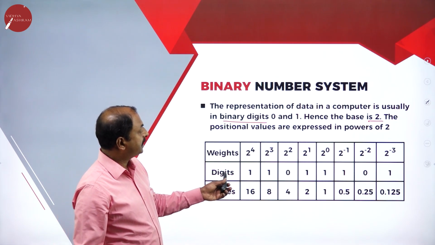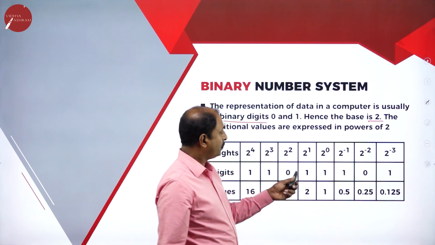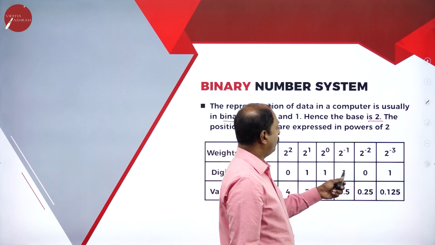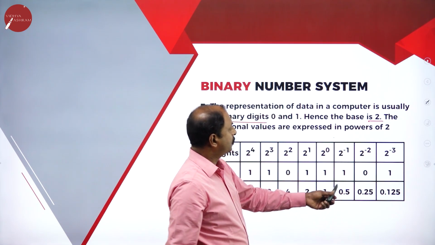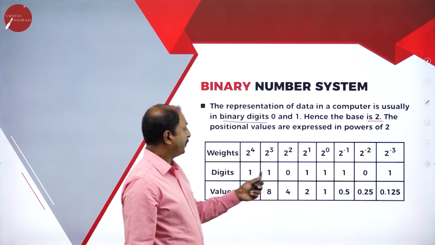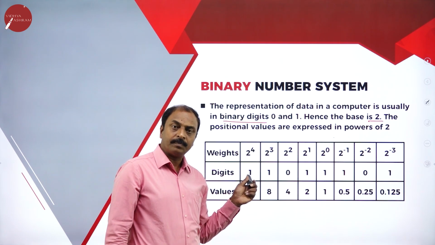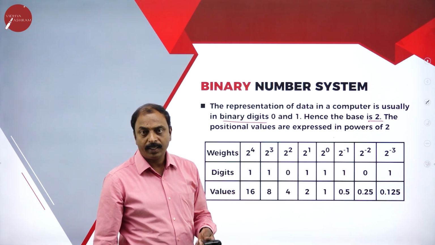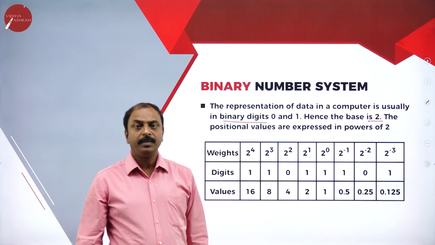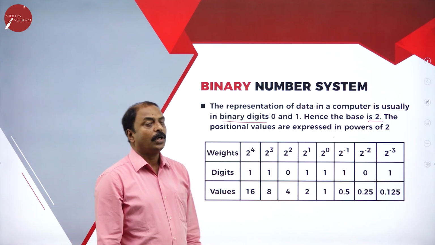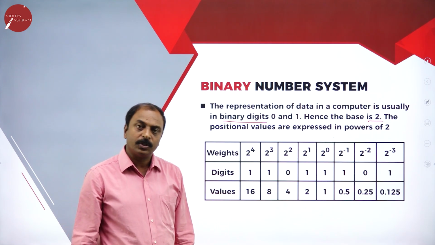So if you look at the example, here it is 1, 1, 0, 1, 1 and 1, 0, 1, with a decimal point here. All the digits are either 0 or 1, because those are the only two digits available in the binary number system. So all values have to be represented with a combination of zeros and ones.